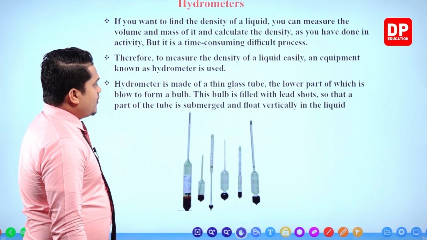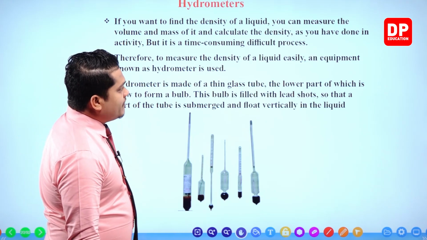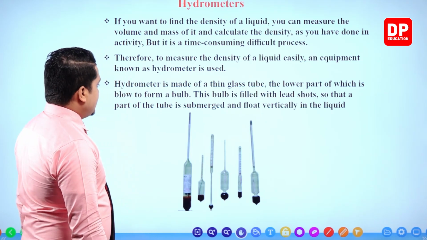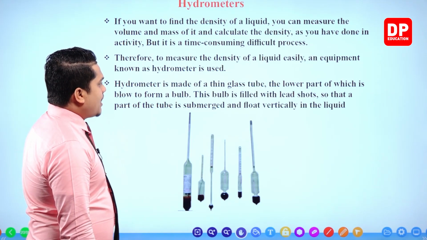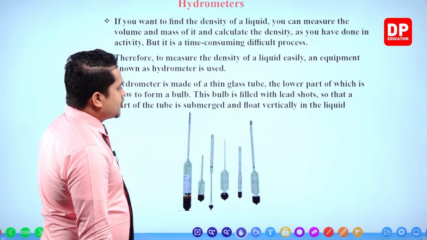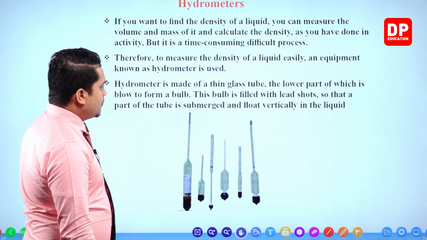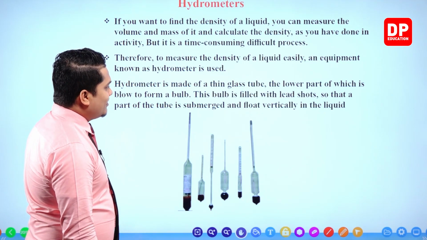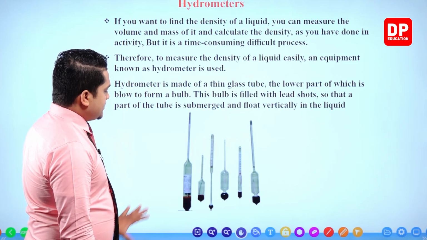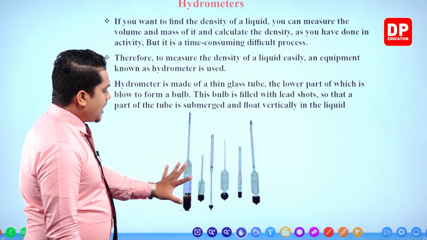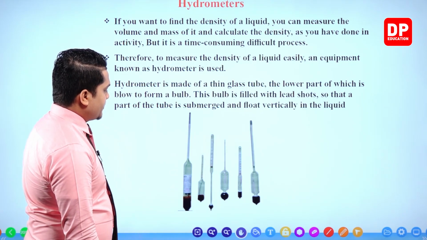A hydrometer is made of a thin glass tube, the lower part of which is blown to form a bulb. This bulb is filled with lead shots so that a part of the tube is submerged and floats vertically in the liquid. This is the structure of a hydrometer, my dear children.